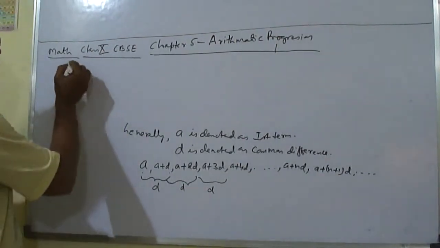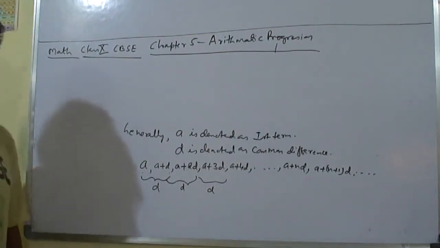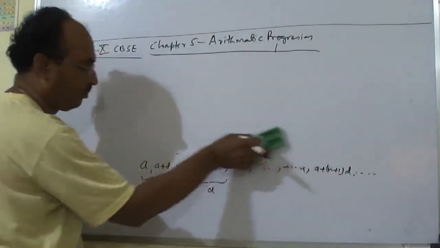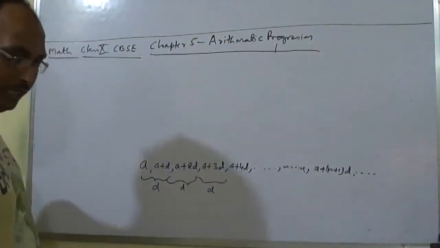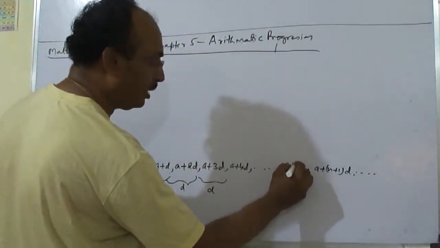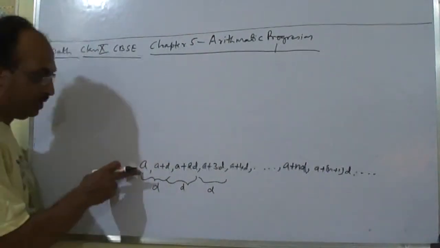Now, we'll solve some questions here. See what we have found here: A plus nD, and A plus (n plus 1)D. This is the first term.